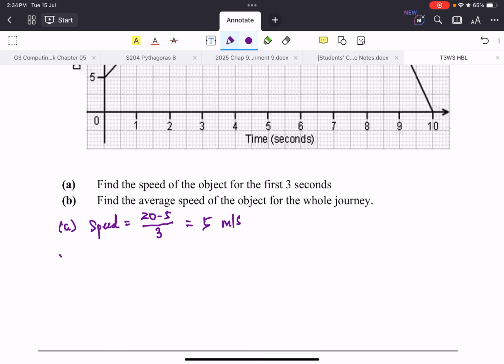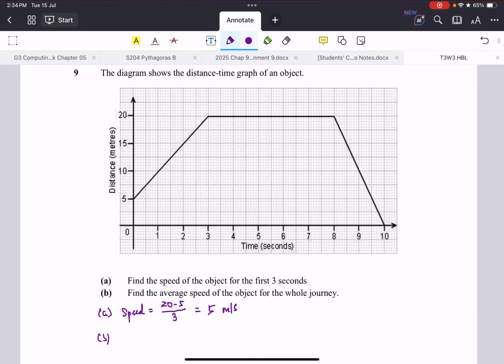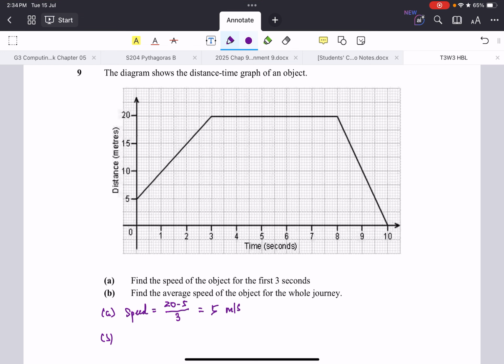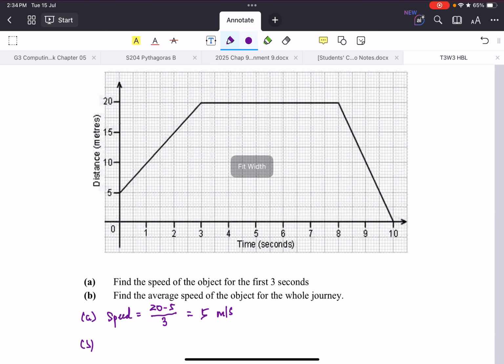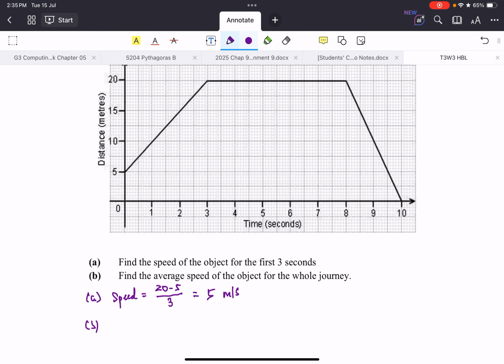Part B, find the average speed for the whole journey. So average speed means now I need the total distance divided by total time, right? So what's the total distance now? Total distance is actually from 5 to 20, which is 15, and then after that the journey back another 20, right, which gives us 35 meters.